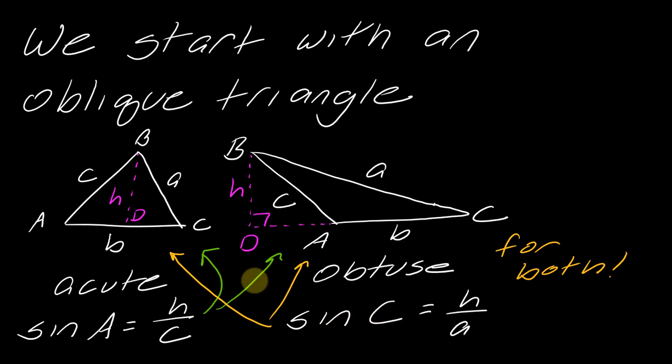What about sine of C? So here's C, so this is going to be h over a in the first triangle, and then sine of C in the obtuse case is also going to be h over a. So these relationships hold whether you have an acute triangle or an obtuse triangle.